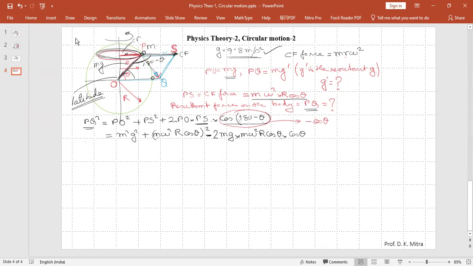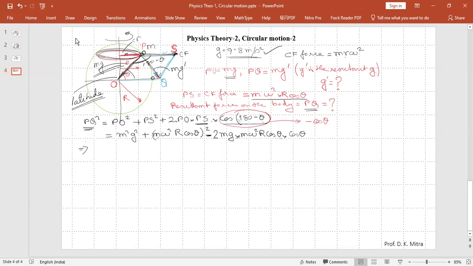So, and PQ is the mg dash. PQ, P to Q, PO is mg, PQ is mg dash, where g dash is the apparent gravitational attraction.